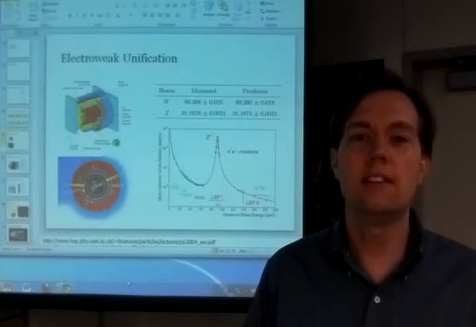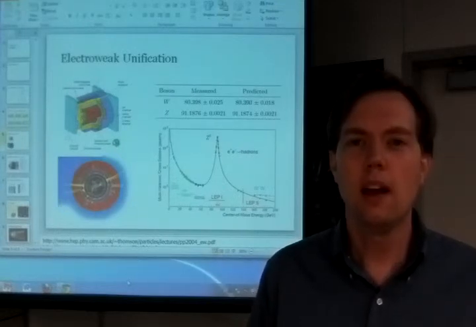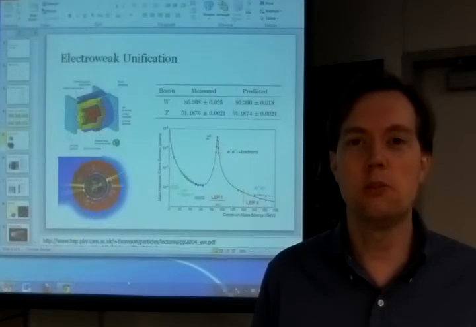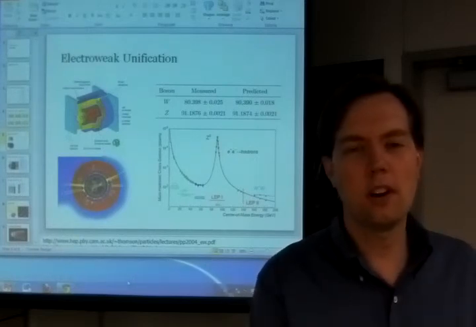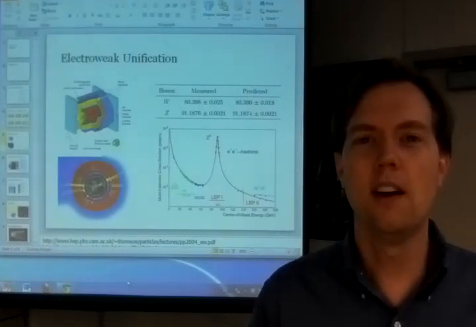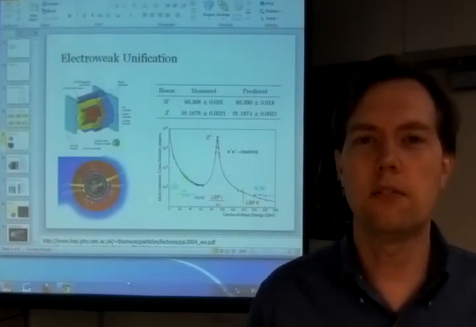And so the distinction between the two kind of washes away, and at that Big Bang type level, you really only have these two fundamental forces at play. And of course there's always gravity. So fundamentally there are three fundamental forces at the fundamental level.